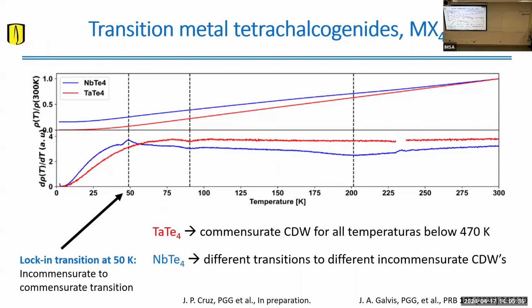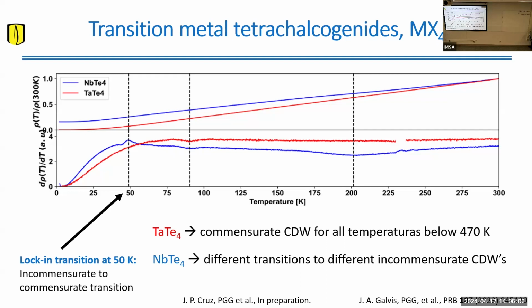And around this 200 Kelvin temperature, many people in the electron microscopy community back then in the 60s reported a lot of peaks that look like transitions to incommensurate charge density waves. So we wanted to analyze if these were real phase transitions to different charge density waves, thermodynamic phase transitions.